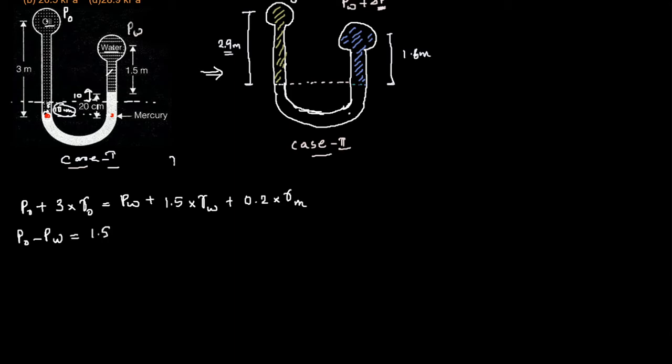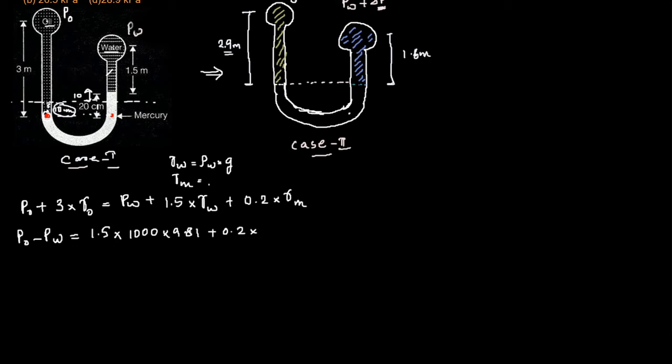Gamma W is nothing but rho W into G. Rho W is given as 1000 kilogram per meter cube, into 9.81. G is 9.81. So plus 0.2 into gamma m.